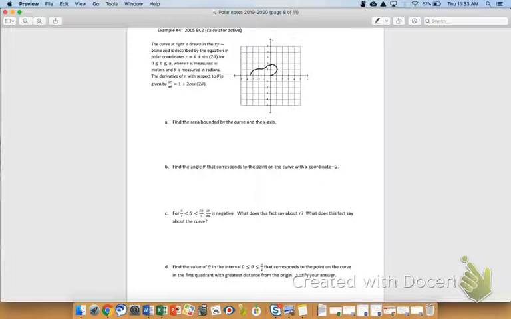It's theta plus sine theta. Oh, I did 2 signs. It's a weird graph.